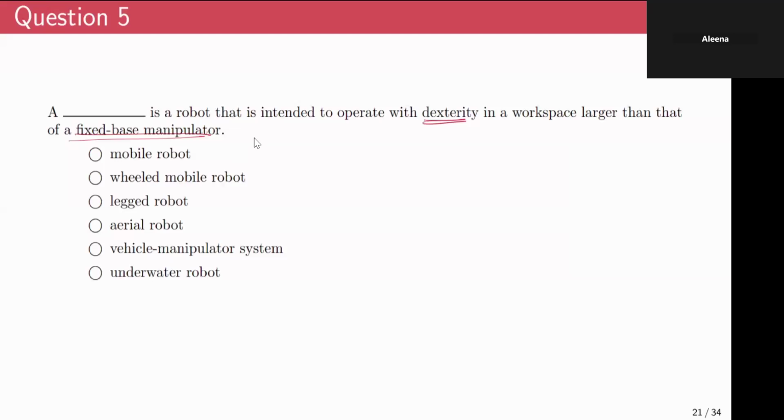But if you mount a fixed base manipulator on top of a mobile robot, you have essentially unlimited workspace, right? So if I call this a vehicle, and if I mount a typical robot manipulator on top of this vehicle, the workspace of this manipulator is essentially much larger than a fixed base manipulator, right?